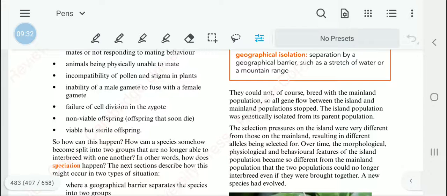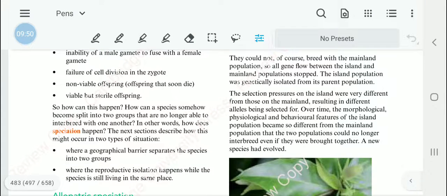Number four, inability of a male gamete to fuse with a female gamete. Number five, failure of cell division in the zygote. Number six, non-viable offspring, that is, the offspring dying out soon. Next one, viable but sterile offspring, example, mule.